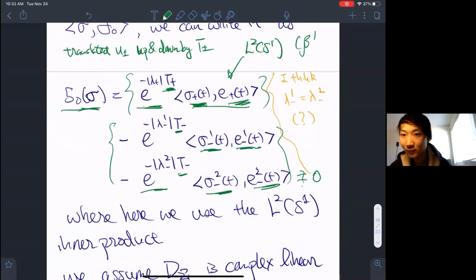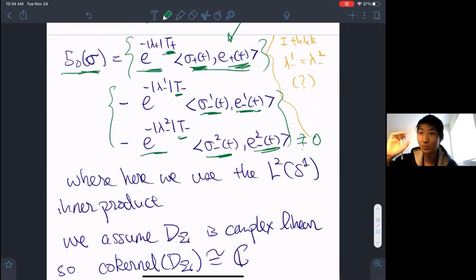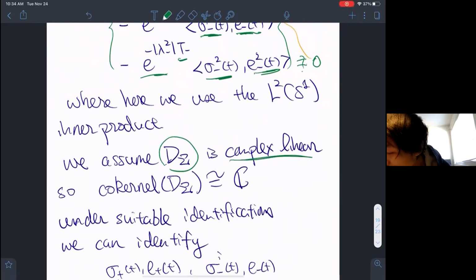Okay. But wait, there's more. So there's another further deformation to the section we have to do. We can assume that d sigma is complex linear.